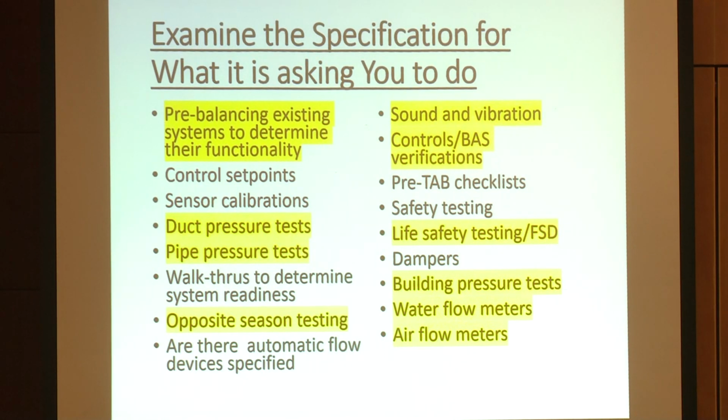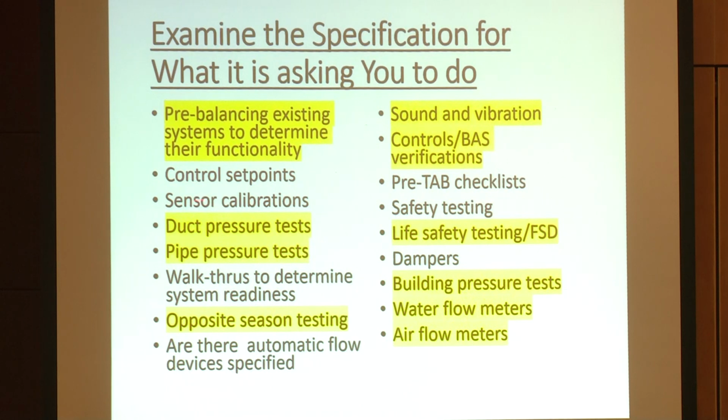We can't make it work because it never worked in the beginning. Well, so what happened? The engineer says, okay, fine, so now you need to pre-balance it in the beginning, so you can't say that anymore. I mean, that's where that came from, right? People yak, making excuses why they can't do their job.